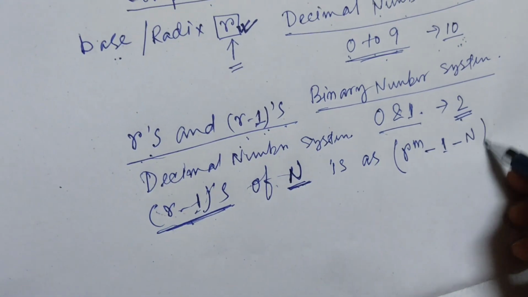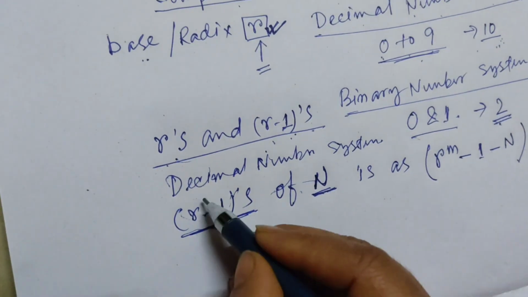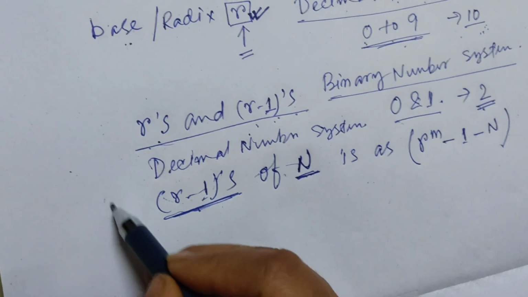This is the form of the r minus 1's complement for the radix r.